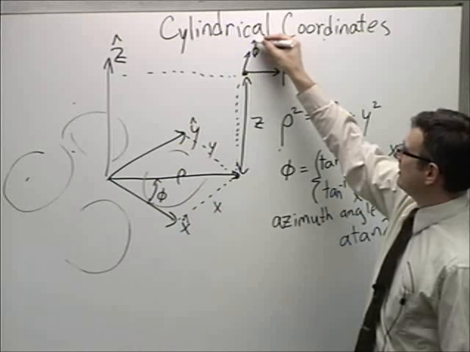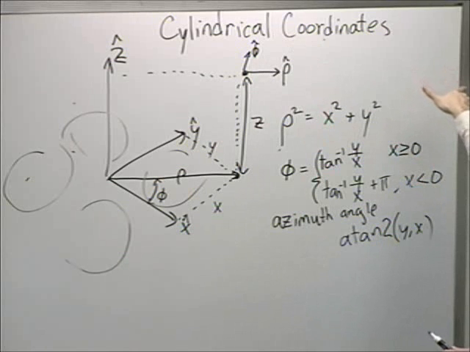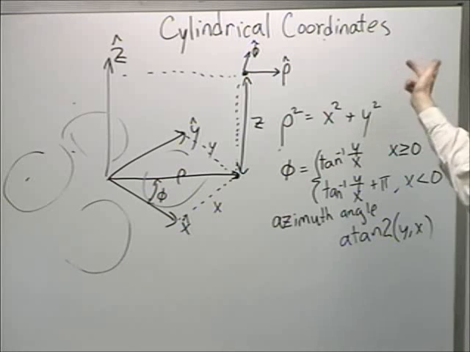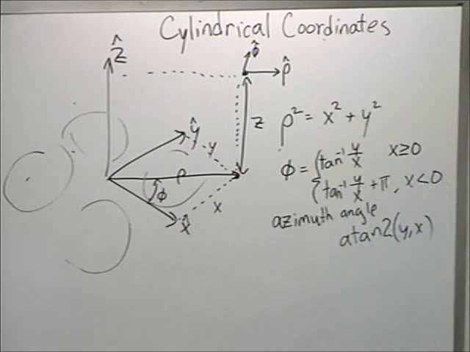Phi hat points perpendicular to rho hat, parallel to the xy plane, and really it points in the direction of increasing phi. In fact, all of these unit vectors that we express field solutions with always point in the direction of increasing just that position dependence.